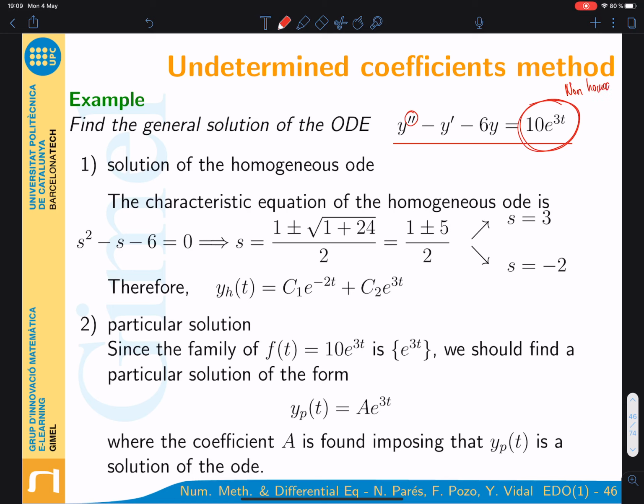Now, as this is non-homogeneous, we know that the general solution is the sum of a particular solution of this ODE plus the general solution of the homogeneous equation.